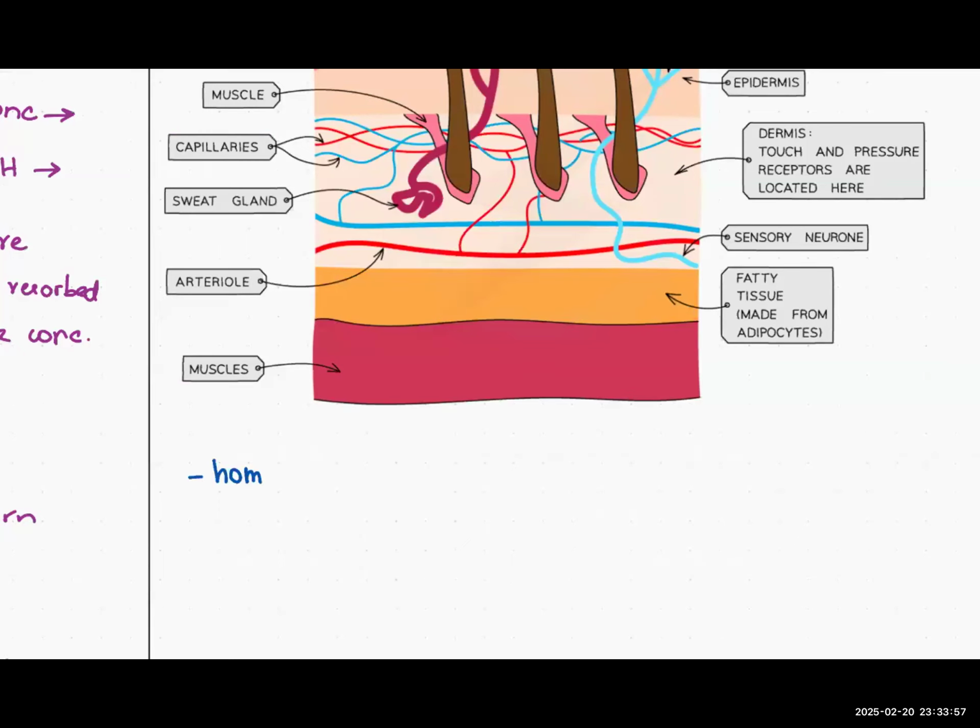Homeothermic means that they can regulate their body temperature. It doesn't matter what the temperature of the surroundings is outside, it can be whatever it has to be. But we have the ability to regulate our internal body temperature. Even if it's cold outside, your body will still keep the internal temperature at 37 degrees centigrade.